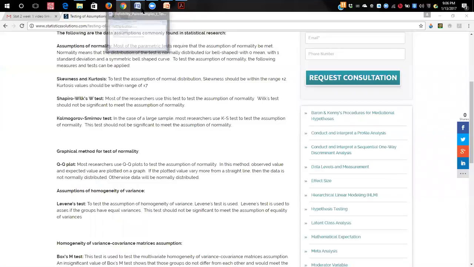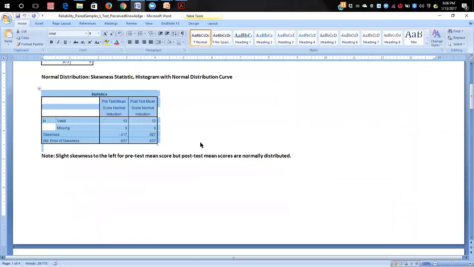So actually I have one prepared here. I just did an analysis for one of my students. The pre-test mean score and the post-test, my student is using the paired t-test, and just like ANOVA is for 3 groups, this is an analysis of 2 groups only, so what we call the 2-group ANOVA, or the paired t-test.